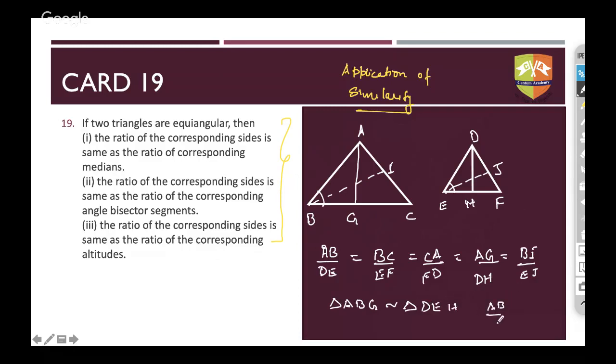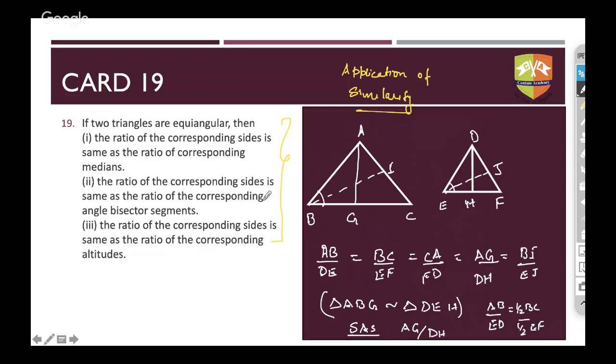Because AB by ED is equal to half of BC by half of EF, that is nothing but BG upon EH. And then angle ABG is equal to angle DEH, isn't it? So by what similarity criteria? By SAS, these two triangles are similar. Hence, the corresponding sides will be equal to AG upon DH.